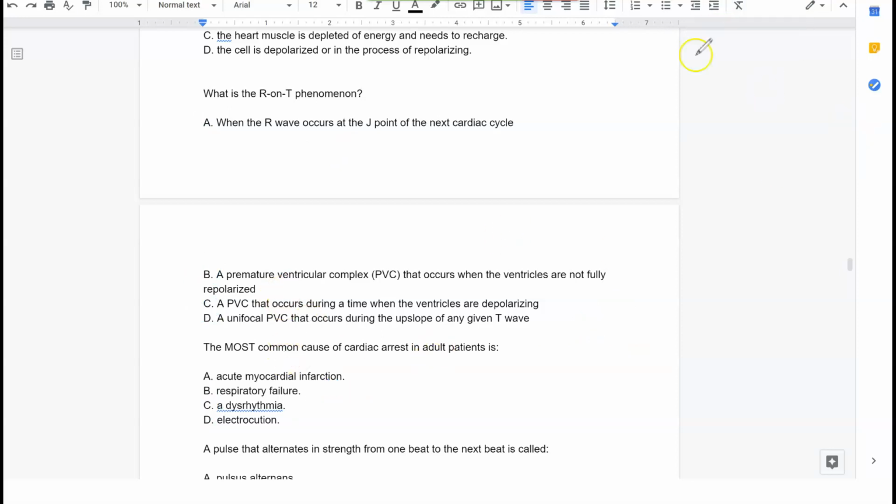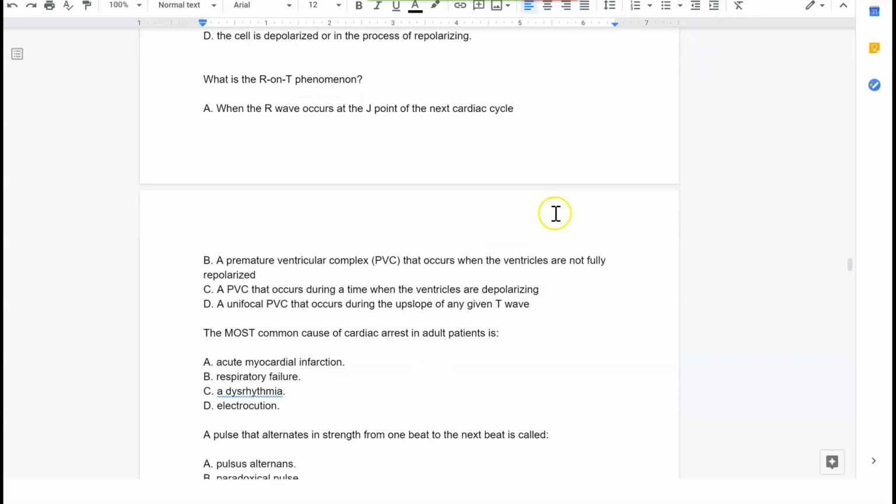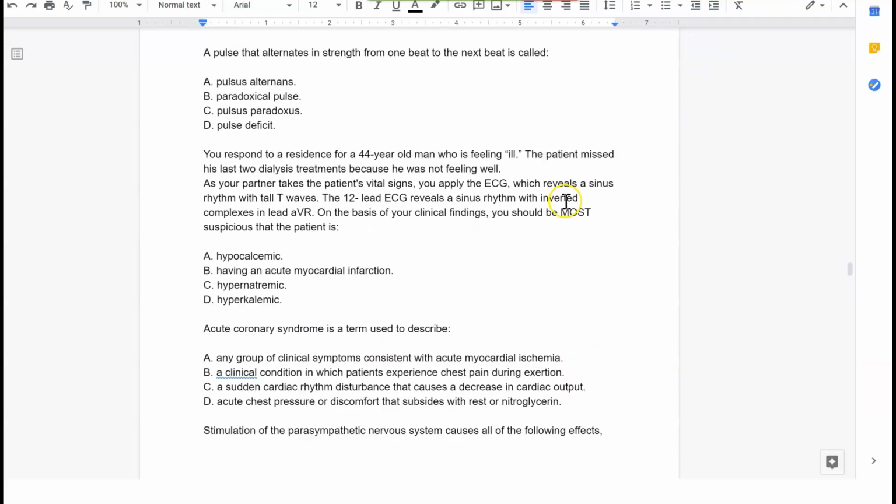A pulse that alternates in strength from one beat to the next is called, and I know this is Danny Wan's favorite, one of his favorites, it is pulsus alternans, right? Alternates, alternans. If it's a QRS complex that is different in size from one to the next, that is electrical alternans.